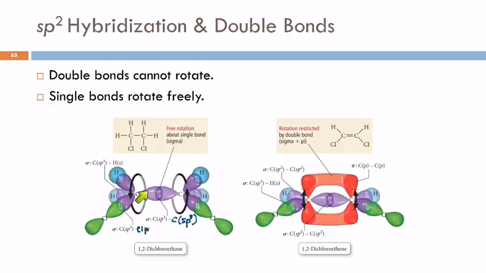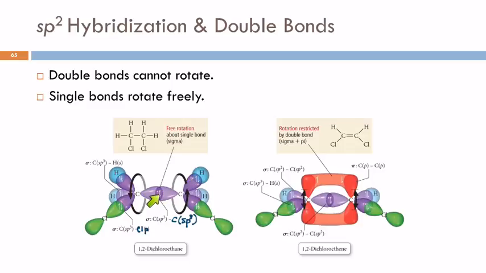This bond is the end-to-end overlap of an sp3 on this carbon with an sp3 on that carbon. Here we have sp3 on the carbon overlapping with a p orbital on the chlorine, and these are sp3 on the carbon overlapping with an s orbital on the hydrogen. And these are the same types of bonds.